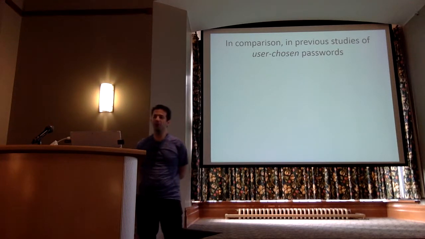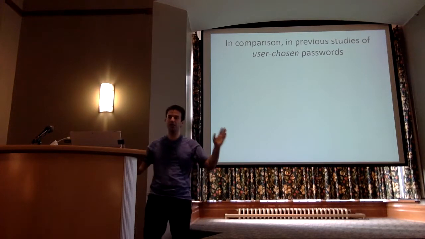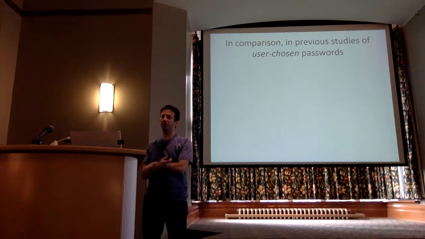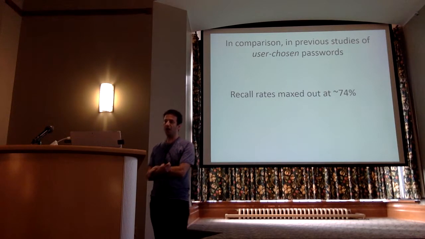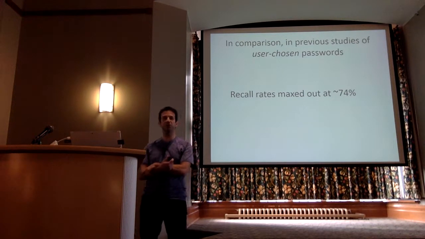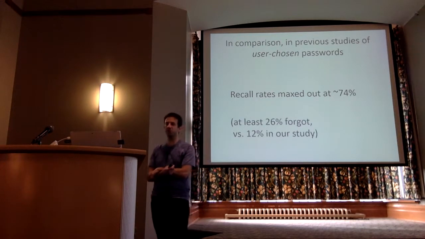And when you compare to previous studies of user-chosen passwords, where people usually are told, choose anything you want, you're going to enter it twice, and they're not told that they're going to be followed up within 3 days. And it's roughly the same methodology. The recall rates for those max out at 74%, which means when users are choosing their own passwords which don't have repetitions, they're forgetting 26% of the time.